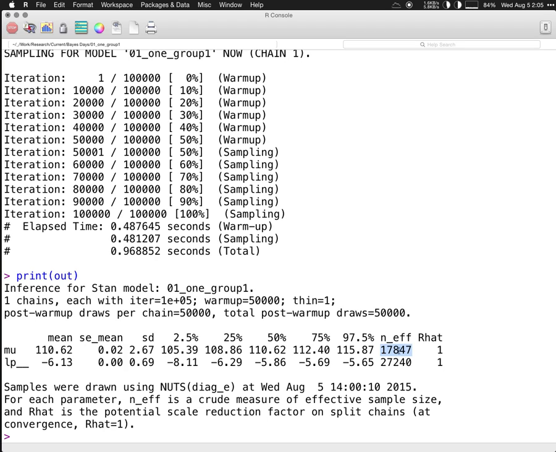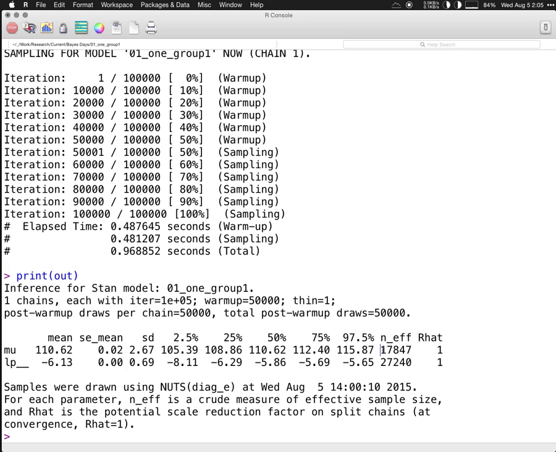So what you want is at least, I'd say, 1,000 in this NF. So you generally start by asking for, say, 2,000 samples.